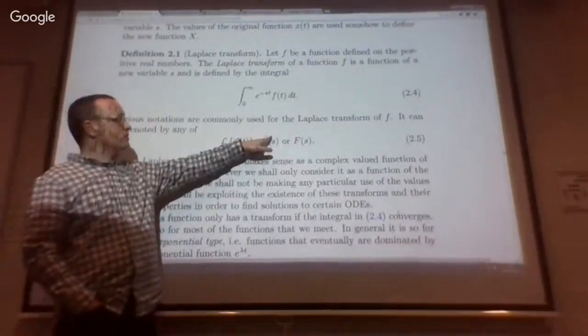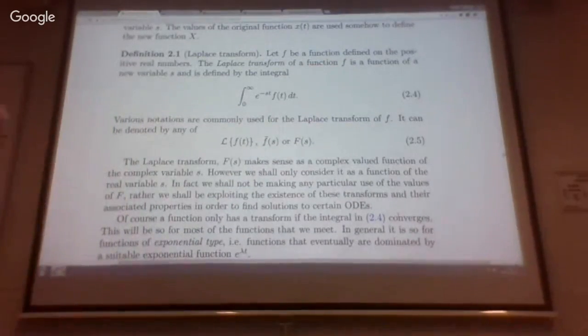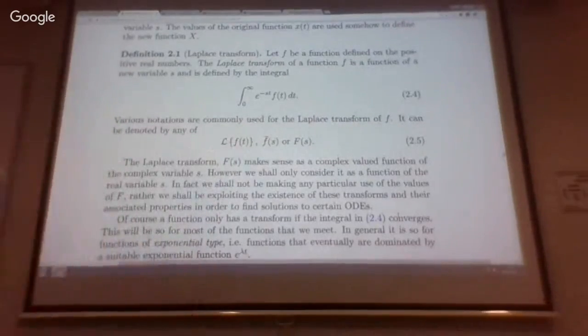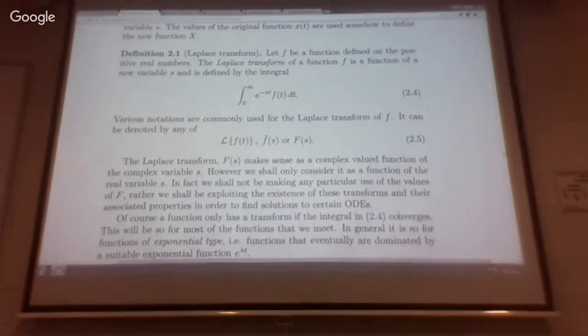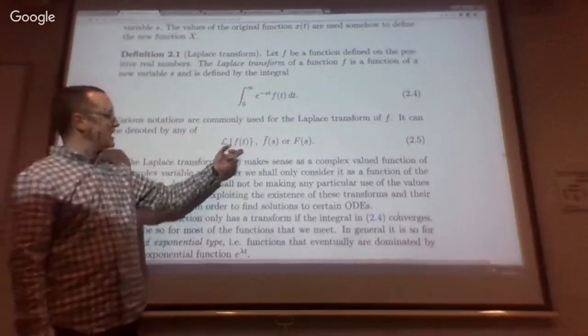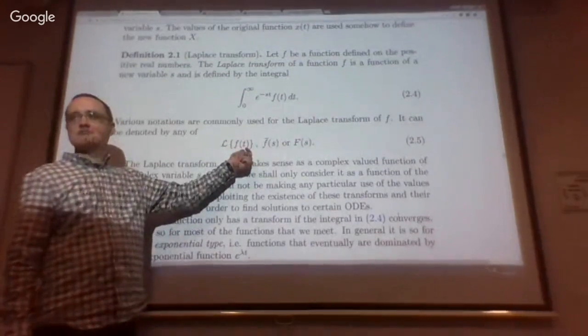Or sometimes we just put a bar over the original function letter. Or sometimes this more fancy version, we use a script L, a handwriting L. If you're writing by hand, just do a scripty, flowy L. And that's good because that reminds you it's the Laplace transform. And this emphasizes the fact that it's an operation that you do to the function.